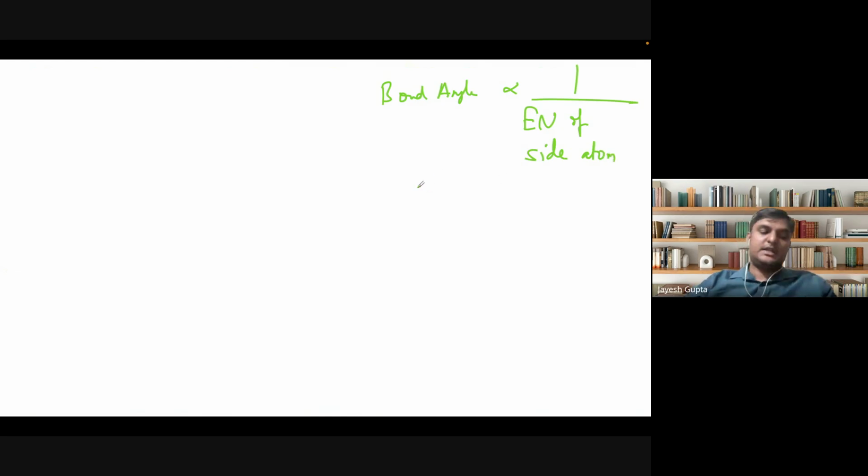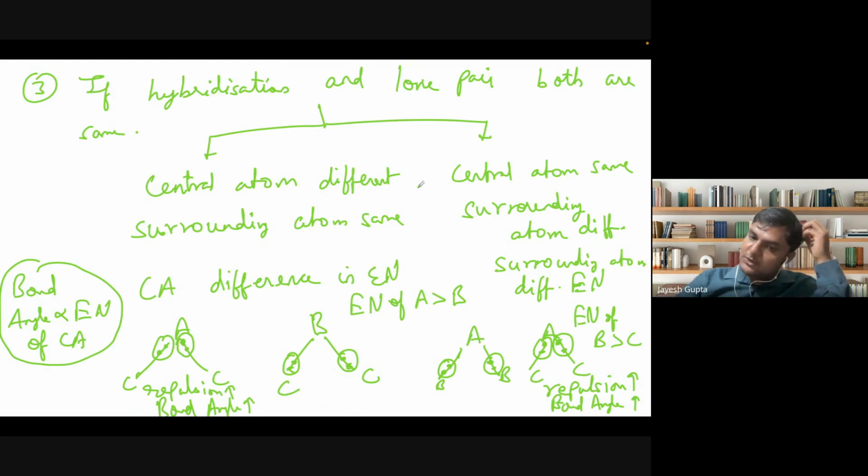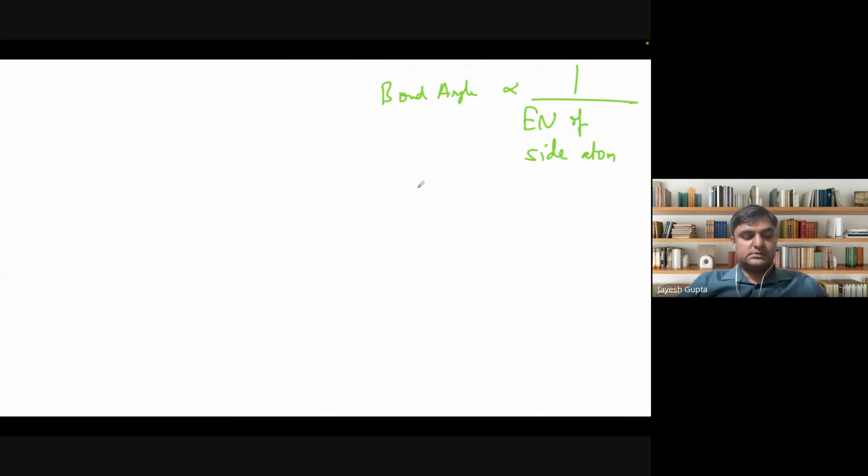So EN is higher, bond angle will be less. EN is lower, bond angle will be high.